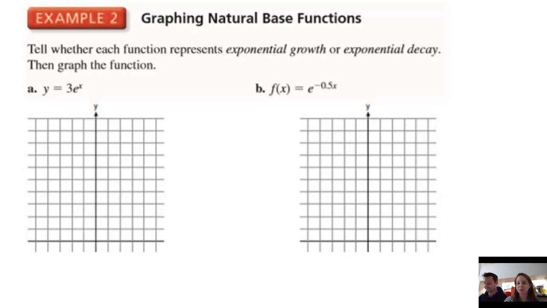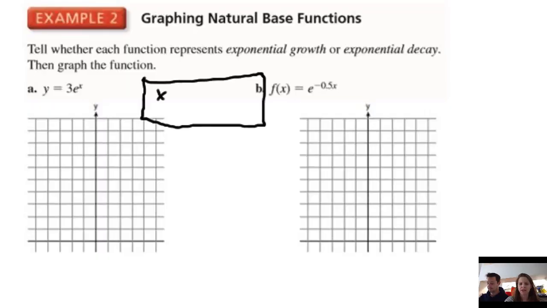Example 2, graphing natural base functions. Tell whether each function represents exponential growth or exponential decay, then graph the function. In A, the a value is 3. To know if it's exponential growth or decay, we look at the exponent that e is being raised to. Here e is being raised to the 1x, and 1 is positive, so it is exponential growth.